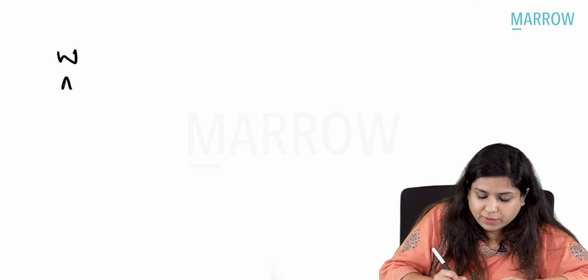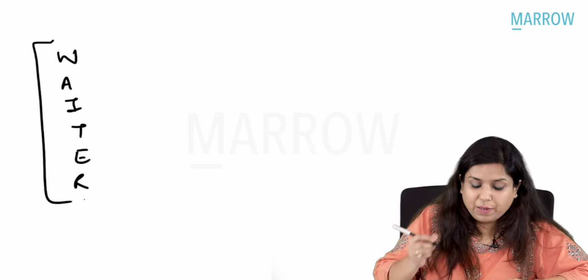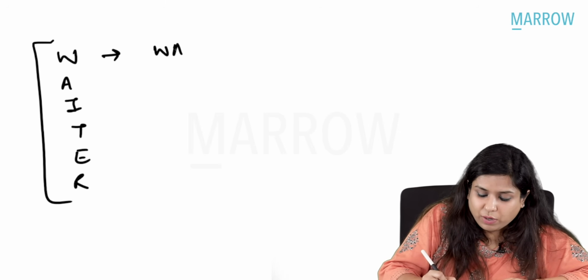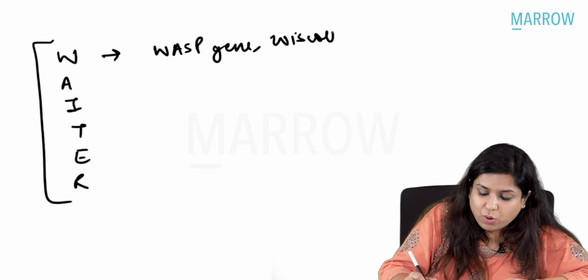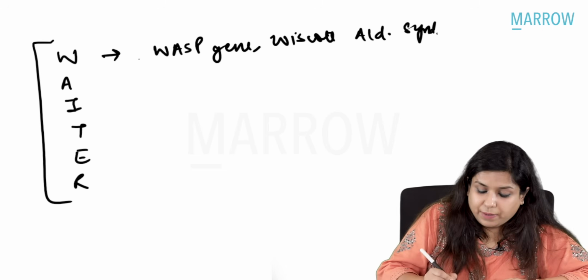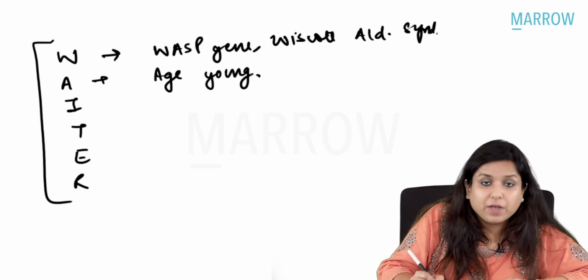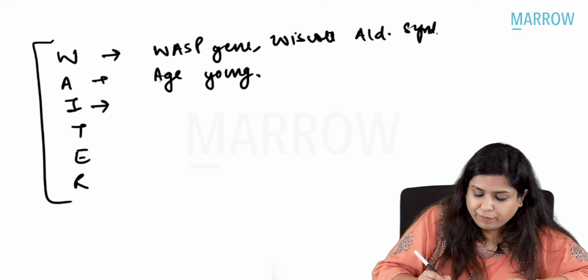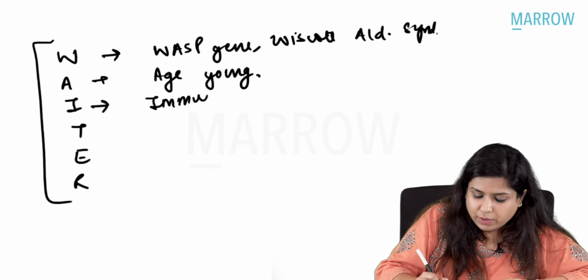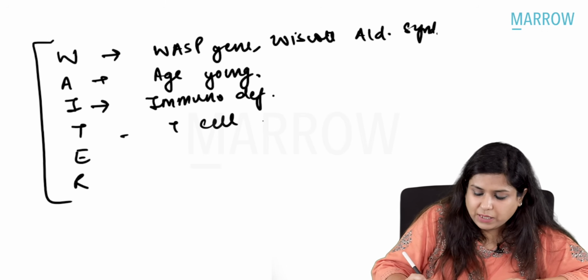There is a mnemonic which I have told you about Wiskott-Aldrich syndrome, and that mnemonic is called WAITER. You can remember by this. W for WASP gene mutation and Wiskott-Aldrich syndrome, right? A for age of the patient, that is quite young age. I for immunodeficiency. T for T cell defect.